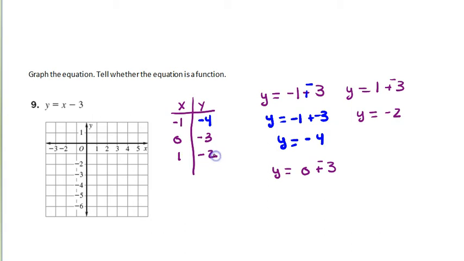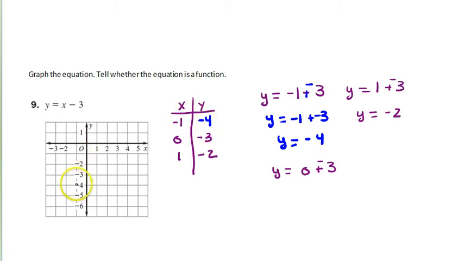So now I have 3 points that I can graph on my coordinate plane. Remember, the x-coordinate is the horizontal line, and the y-coordinate is graphed on the vertical line. So I'm going to start by finding -1, which is to the left of 0, and then I'm going to go down 4 for negative.